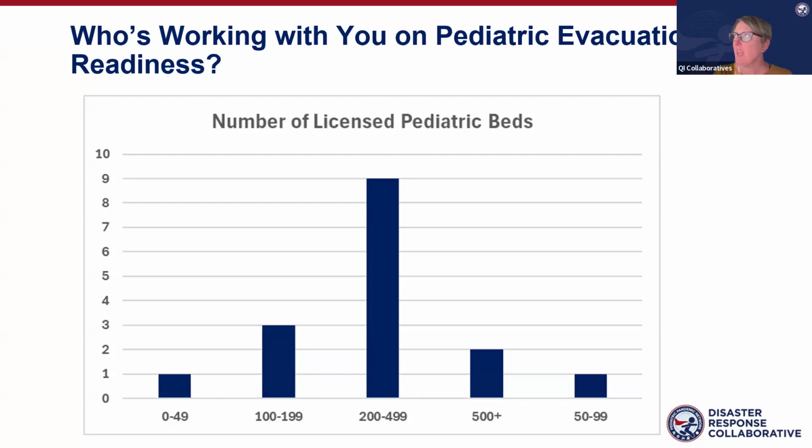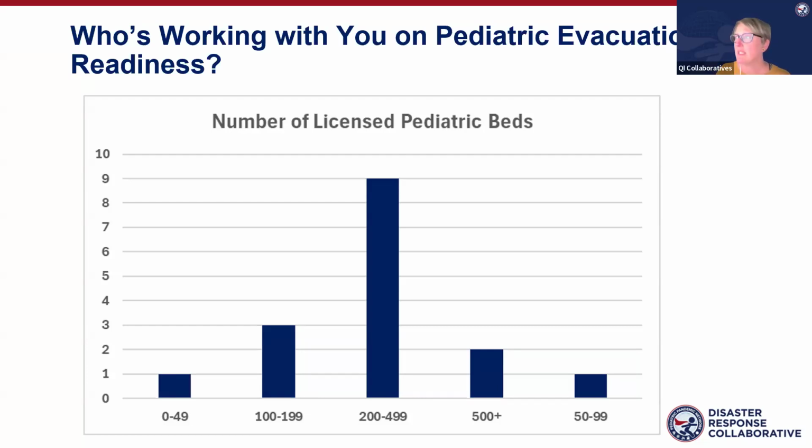So I'm going to give you a little bit of data that we put together once you signed up. We know who is here, we've introduced ourselves, but what does the distribution look like as far as what types of hospitals?